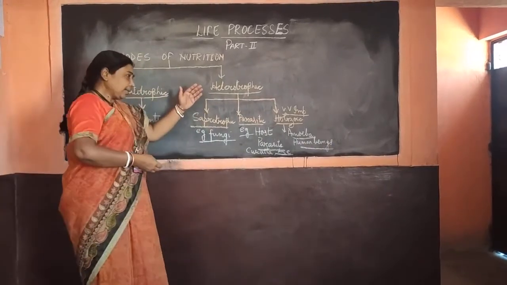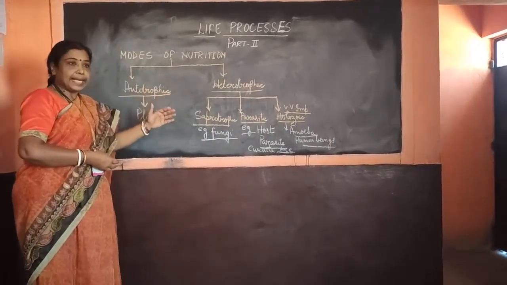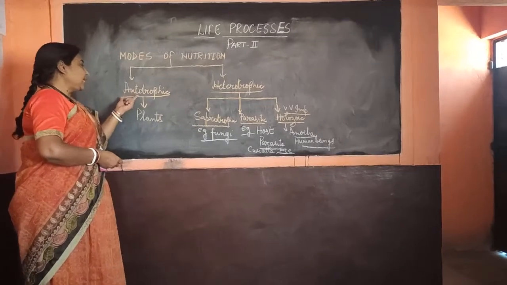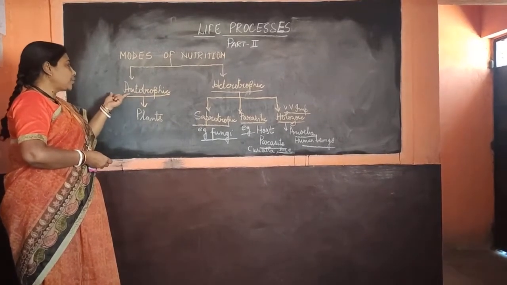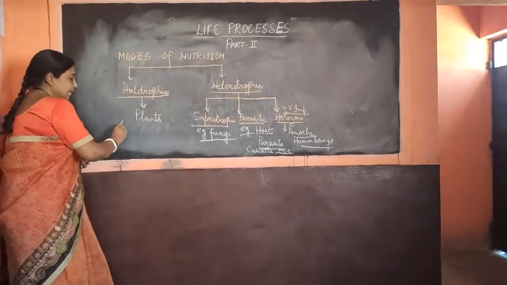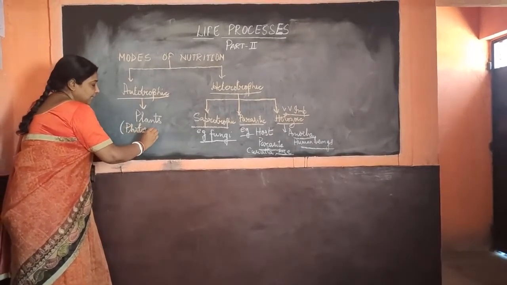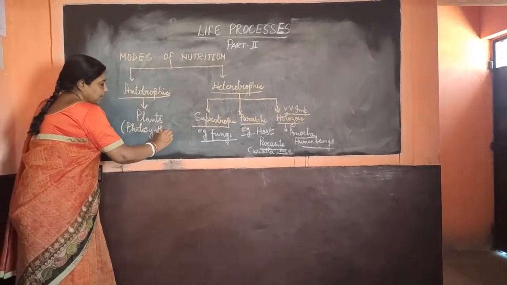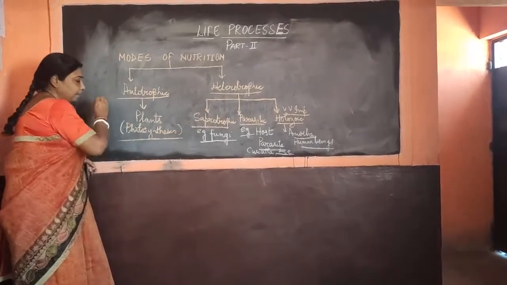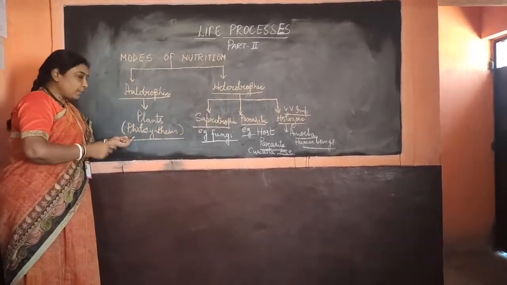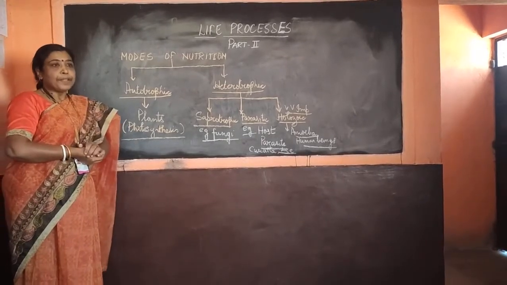But this part already I had mentioned you all. Today I will be teaching the autotrophic mode of nutrition, that is the process of photosynthesis in plant. So all of you must be knowing what is photosynthesis.